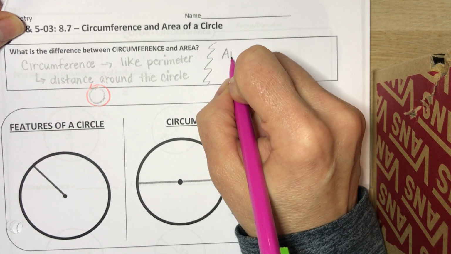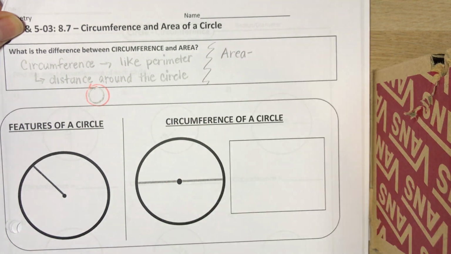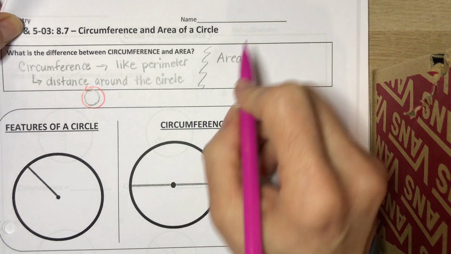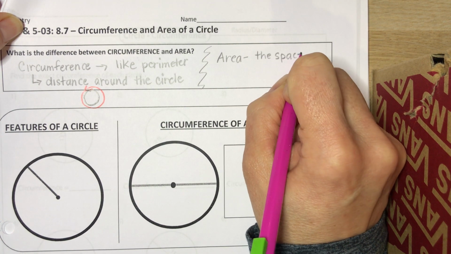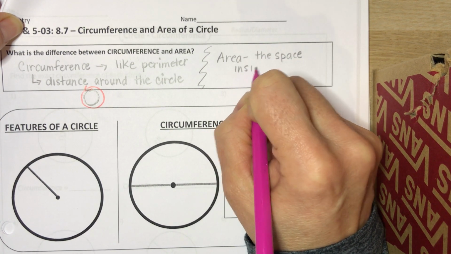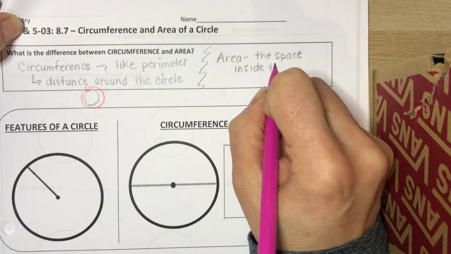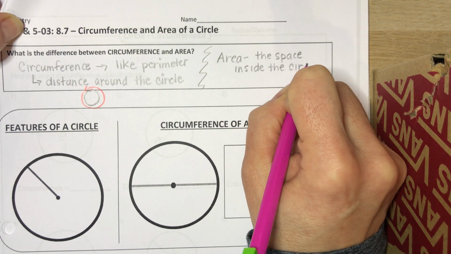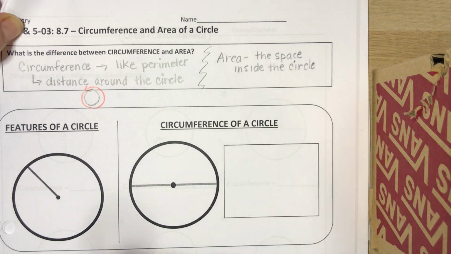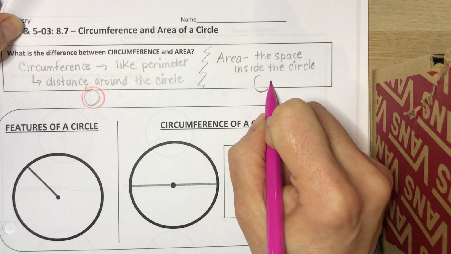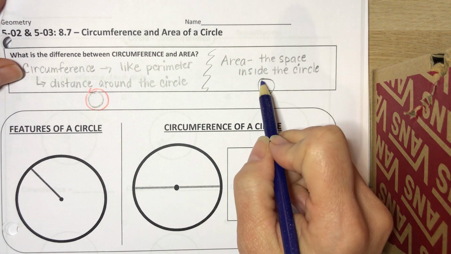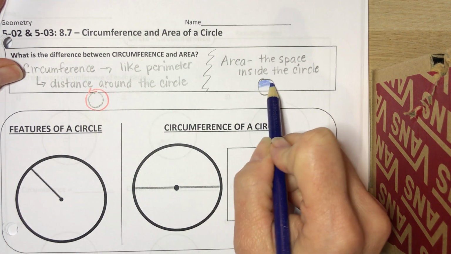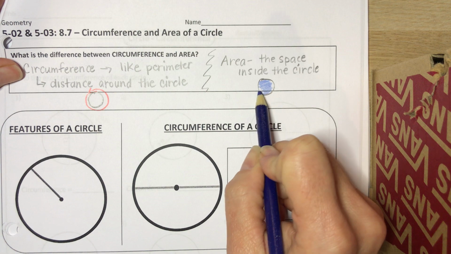Area is the space inside of a circle. So if I have a circle and I was talking about area, I'd be talking about the shaded area, all that space inside.